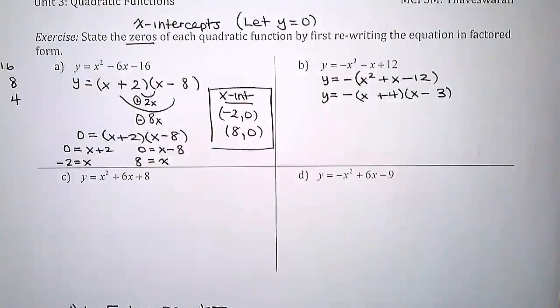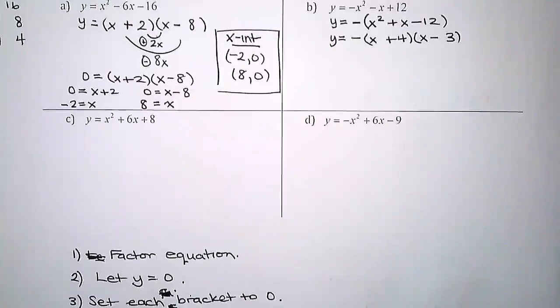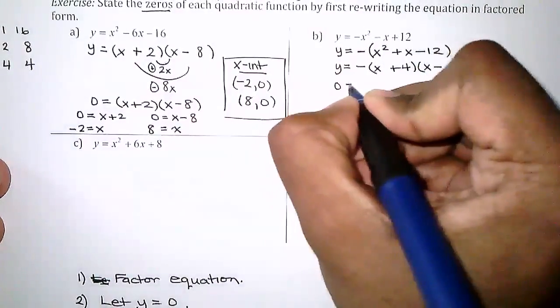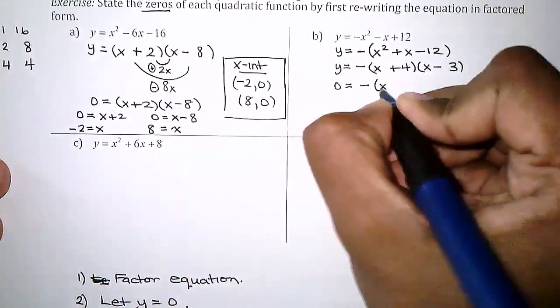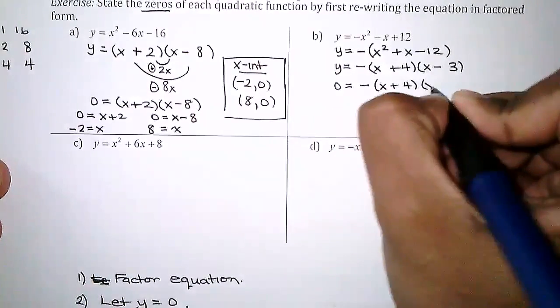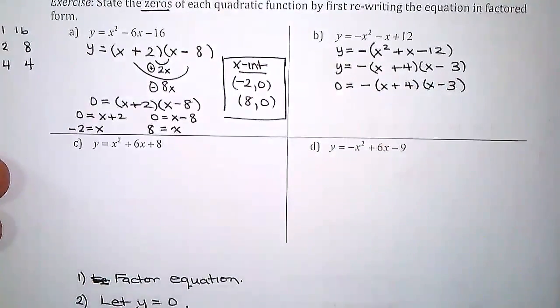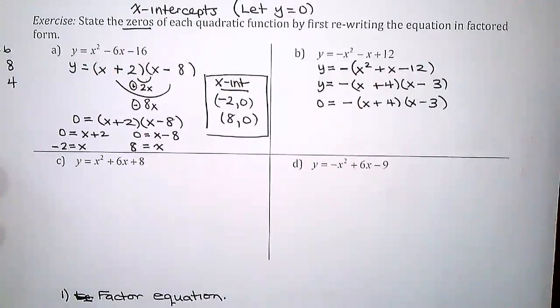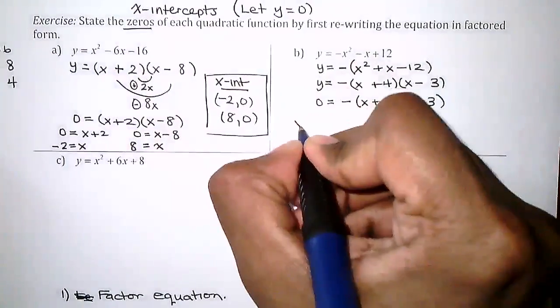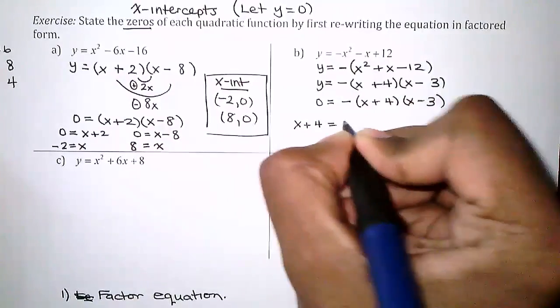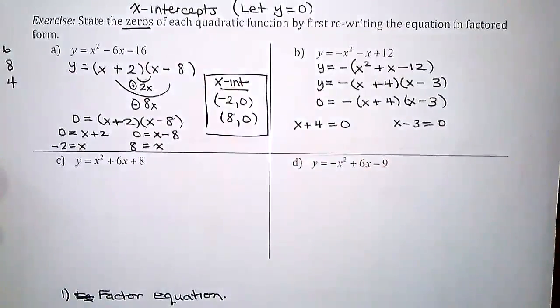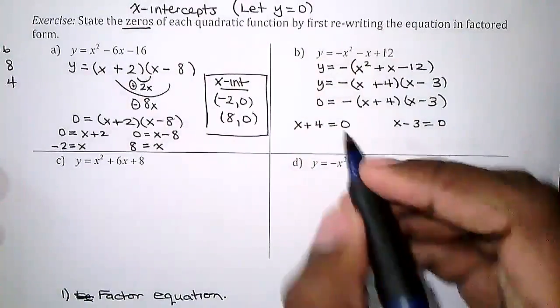Again, we want to find the x-intercepts, so we'll follow these steps. We factor the equation, let y equal 0. So 0 is equal to negative x plus 4, x minus 3. Set each bracket to 0. So here we have x plus 4 is equal to 0, and x minus 3 is equal to 0, and then isolate for the x value.